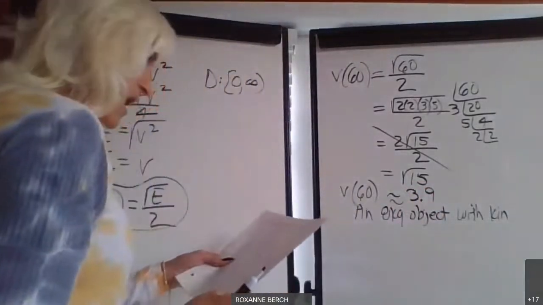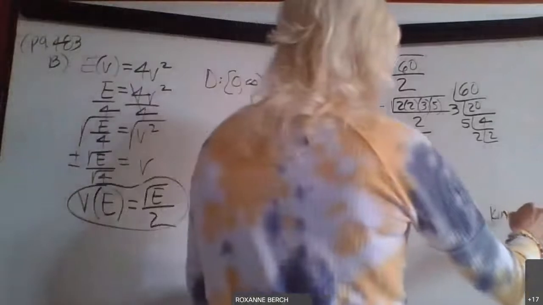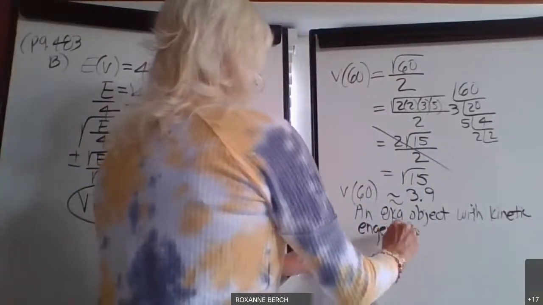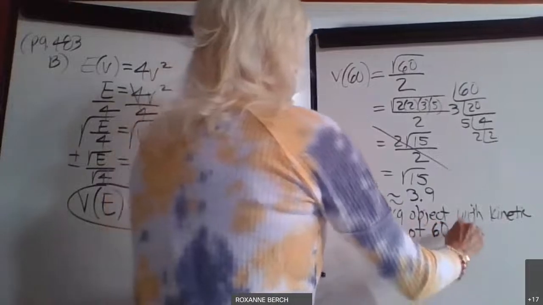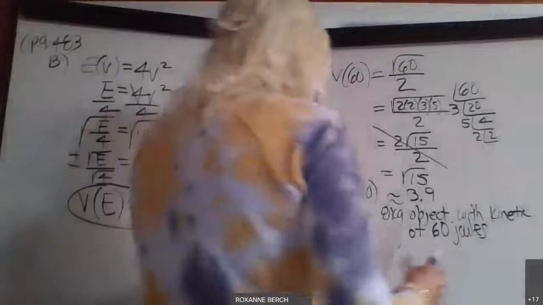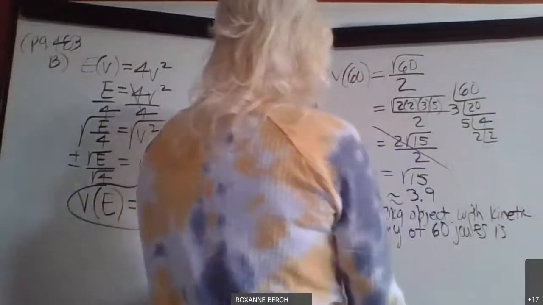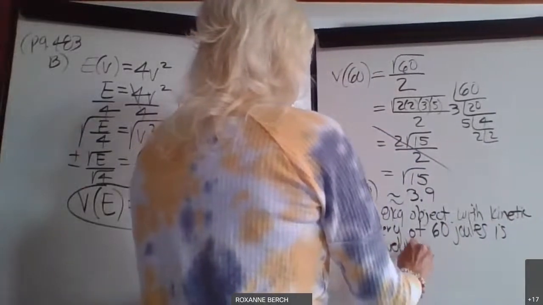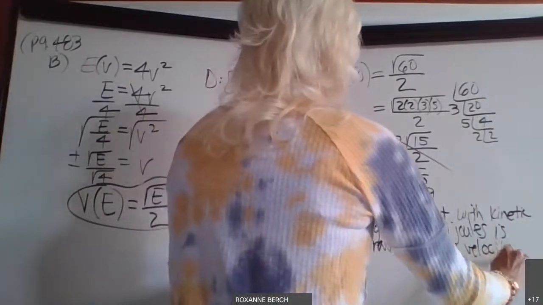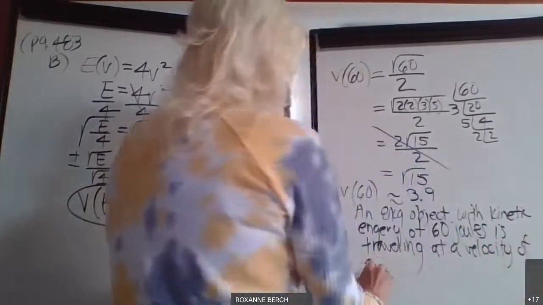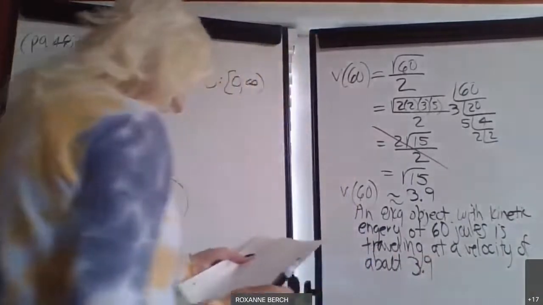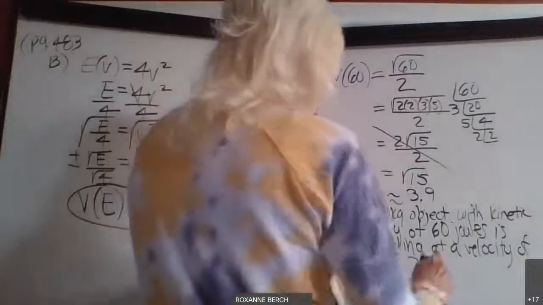So an 8-kilogram object with kinetic energy of 60 joules is traveling at a velocity, which is speed, of about 3.9 meters per second.